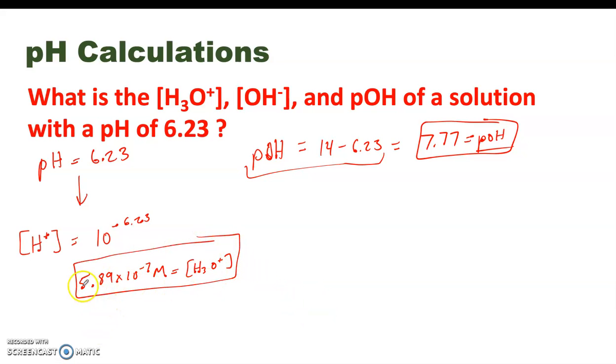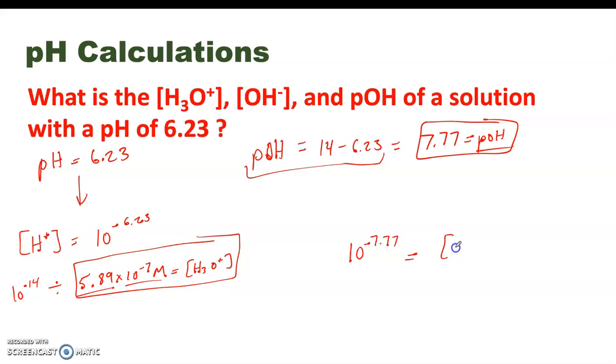Now I could either take 10 to the minus 14 divided by this number, and that'll get me my OH minus concentration. But if you don't type this in right, the order of operations can come out wrong because it'll divide by this, but then multiply by that. So I just think the safer way is to go 10 to the minus 7.77.